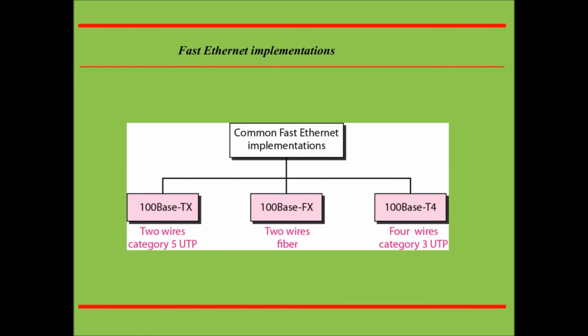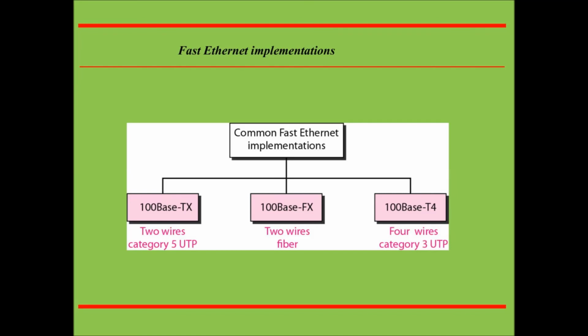Fast Ethernet implementation. Common fast Ethernet implementations are 100 base TX, 100 base FX, and 100 base T4. So 100 base TX uses 2 wires, category 5 UTP. Category 5 unshielded twisted pair is used over here, and in the second, 2 wires of fiber are used, and in the last, 4 wires of category 3 unshielded twisted pair are used.